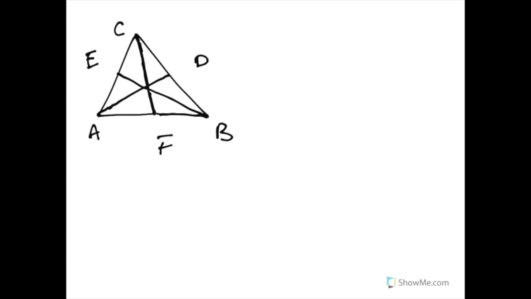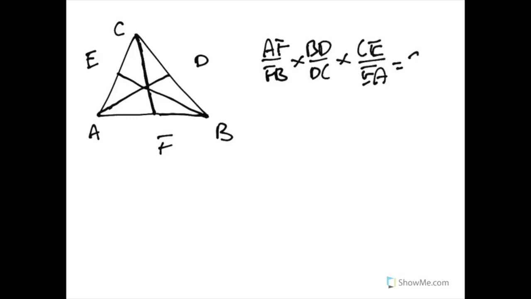But we are given that AF over FB times BD over DC times CE over EA is equal to 1. We need to prove that they meet at the same point. And one good way to prove this is by saying, okay, let's say that the line segments AD and BE meet at a point called O.